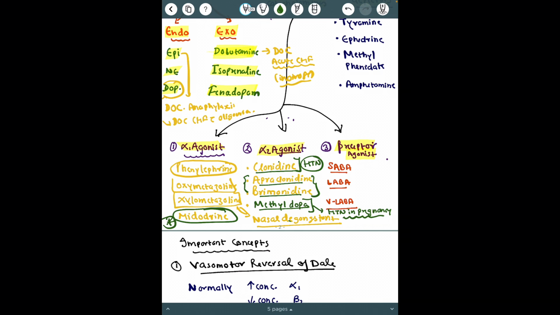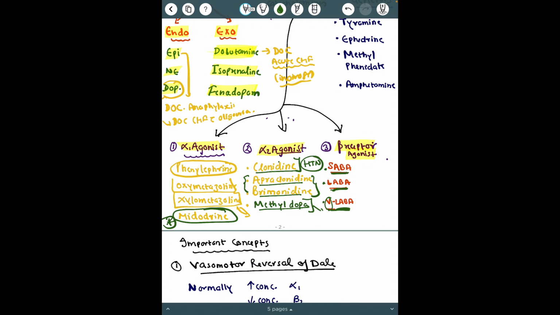Now we will discuss the various drugs of the third category, that is beta receptor agonist. In beta receptor agonist there are three categories: SABA, LABA and VLABA. The SABA is short acting beta agonist, LABA is long acting beta agonist, and VLABA is very long acting beta agonist.